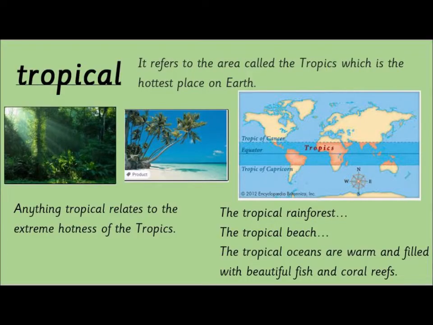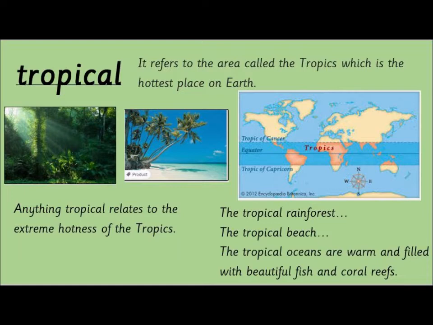The word tropical refers to an area that we call the tropics. And the tropics is the hottest place on Earth because it's the places that are closest to the equator. And the equator is the black line that runs right across the middle of the map there. And those are the hottest places on Earth because they are closest to the sun. So anything tropical relates to the tropics.